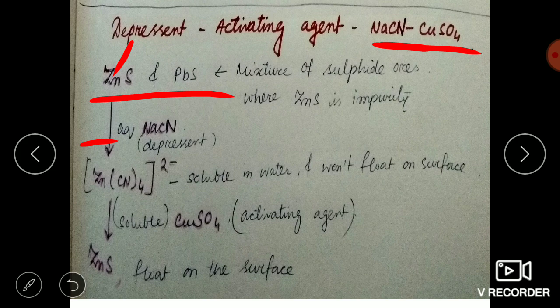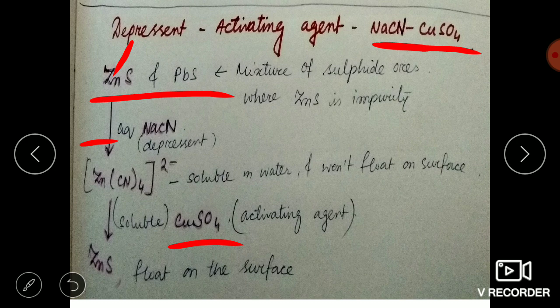So you have taken the mixture and you are doing the froth flotation process. If you are adding NaCN, then your zinc sulfide will remain soluble in the water and your PbS will come in the form of froth which can be collected. After all the PbS is collected, you add some copper sulfate. Copper sulfate is your activating agent.